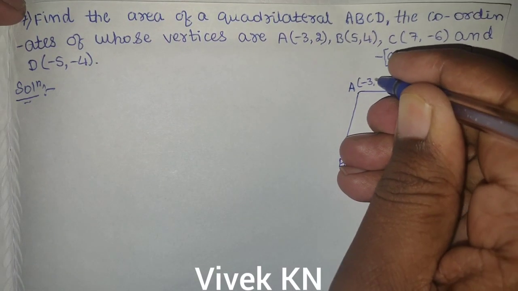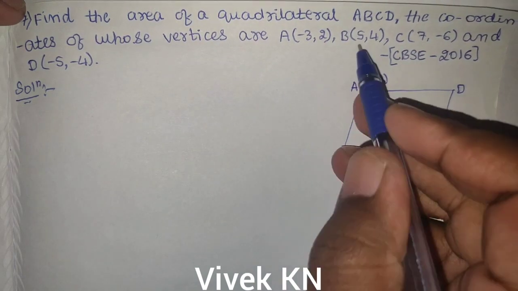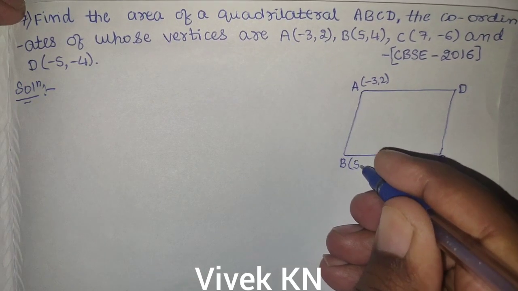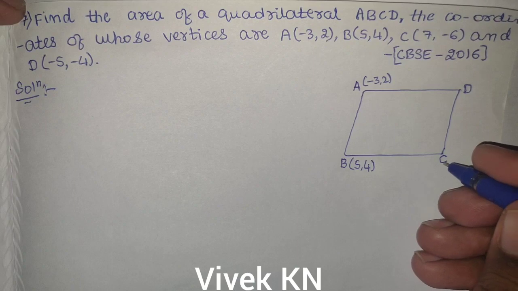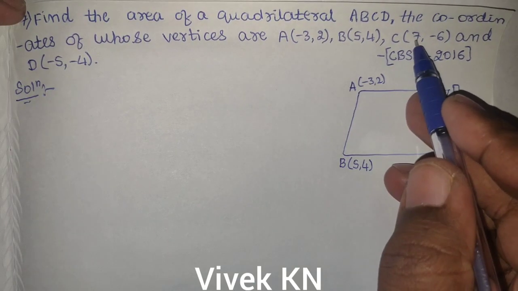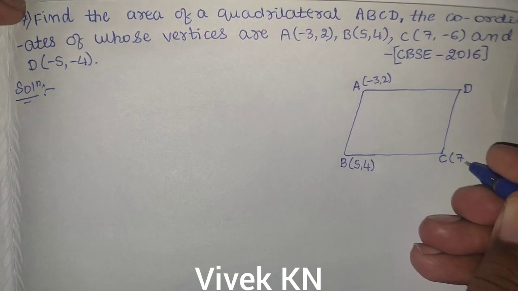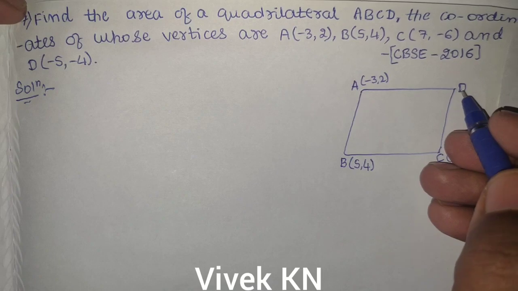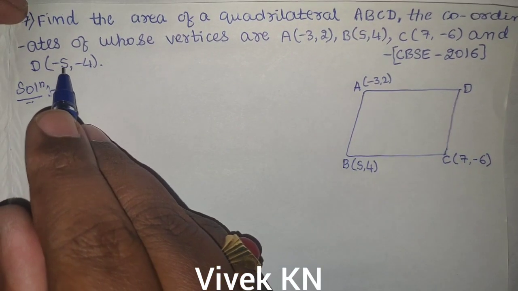The coordinates of the point B is given by 5, 4. Next, the coordinates of the point C is given by 7, minus 6. Next, the coordinates of the point D is given by minus 5, minus 4.